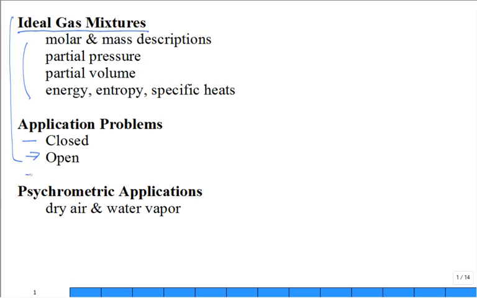Then the second half is very different from the first half, but we use all the tools built up in the first half, and we analyze a specific mixture of great interest to mechanical engineers, and that's moist air, where we have water vapor behaving as an ideal gas, and then dry air. So we only consider it like a binary.